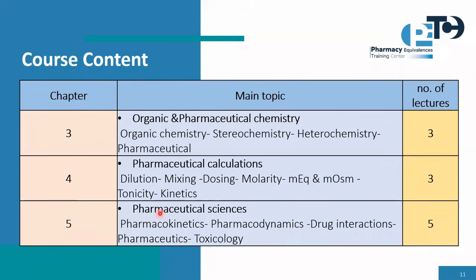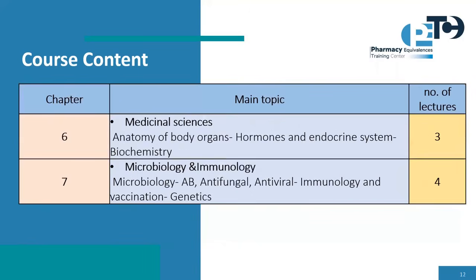The next chapter will be pharmaceutical sciences. We have 5 lectures containing many topics like pharmacokinetics, pharmacodynamics, drug-drug interactions, pharmaceutics, and toxicology. Then we will have the medicinal sciences. We cover anatomy and physiology and some topics about histology, the different body system anatomy, hormones and the endocrine system, biochemistry, and some other topics.